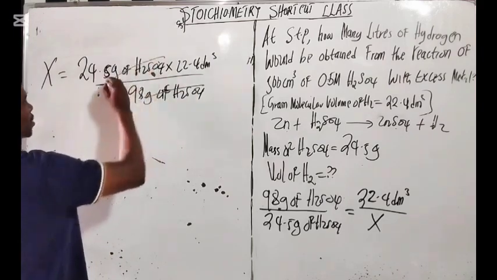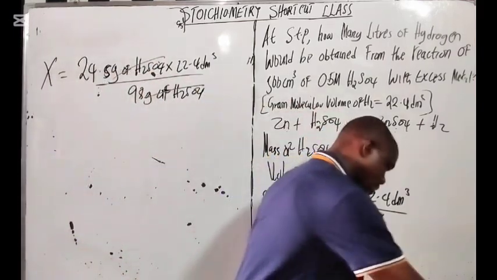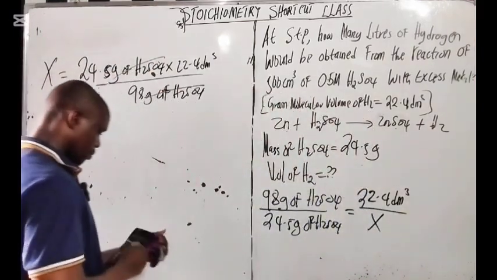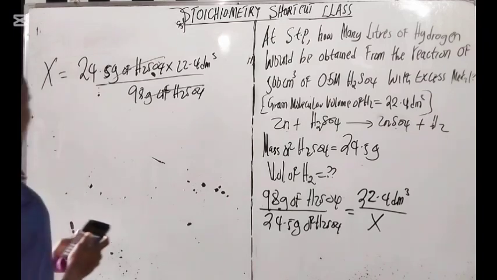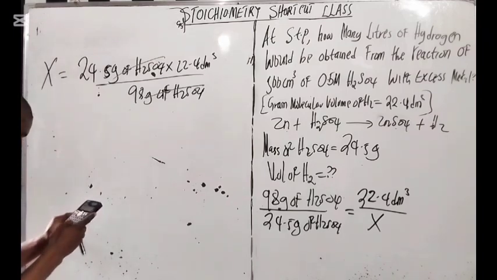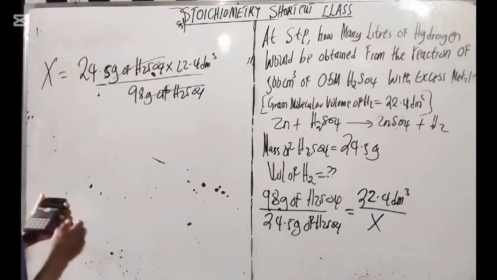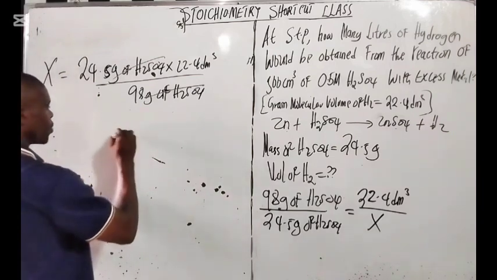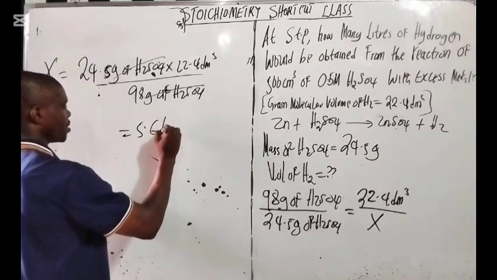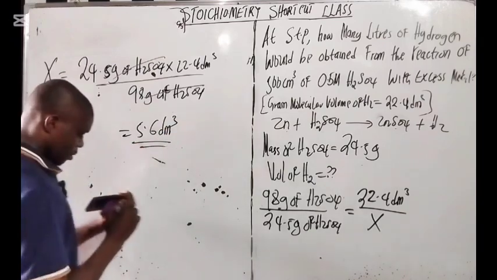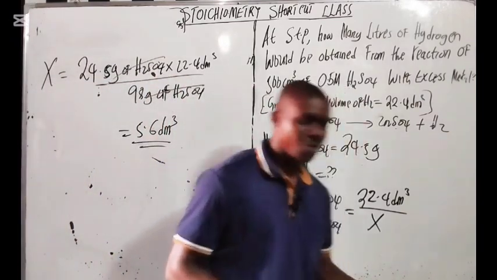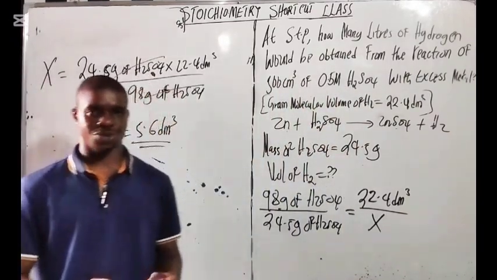So this will cancel out from here. What are you going to get? You're now going to get 24.5 times 22.4 divided by 98. So we have 5.6 dm cube. So these are ways you can solve problems under stoichiometry.